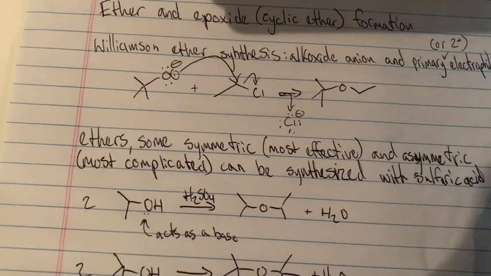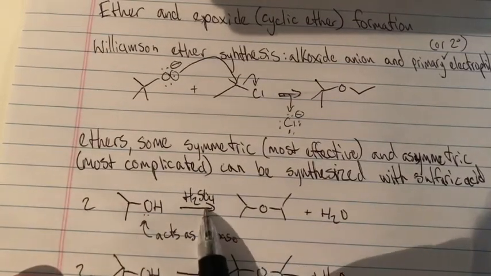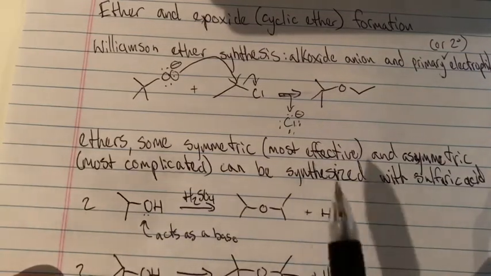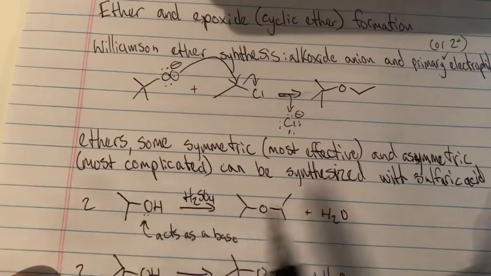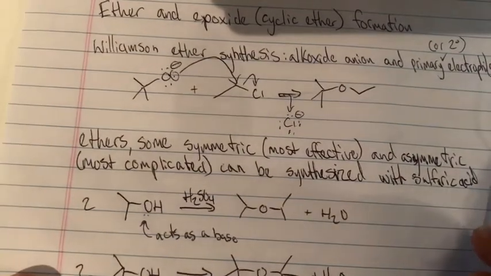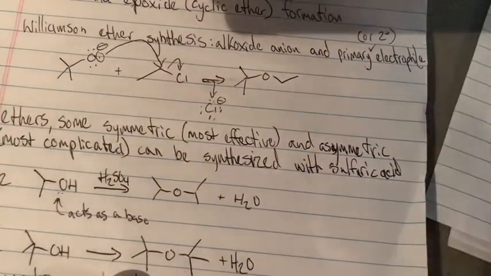So we're just going to take some di or tri-substituted alcohol, take two equivalents of those and condense them into that Star Wars fleet-looking deal over here, diisopropyl ether, I guess. And then we have water as a byproduct, right?